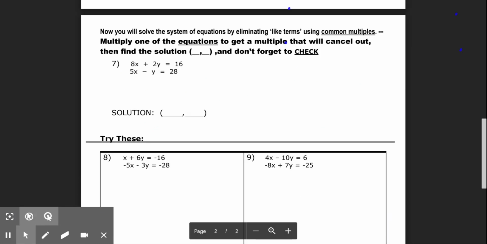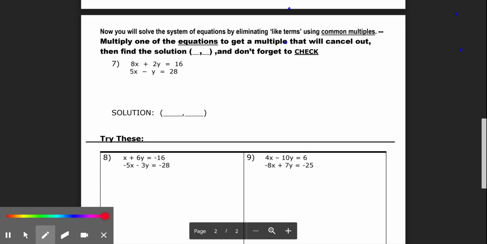Now what we're going to do is solve the system of equations by eliminating like terms using a common multiple. So we're going to multiply one of the equations to get a multiple that will cancel out. Then find the solution, which is the ordered pair. And don't forget to check it.